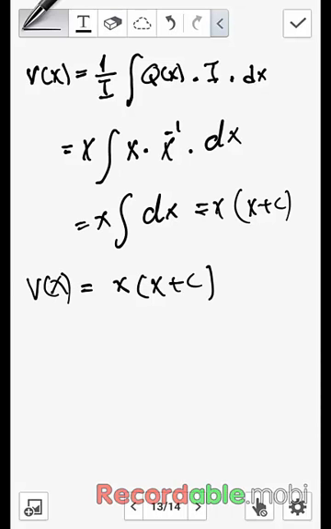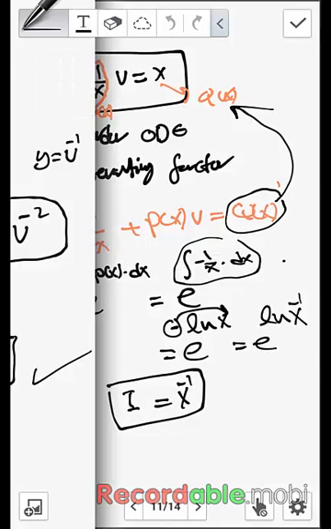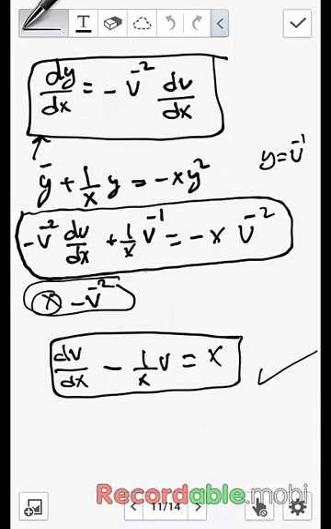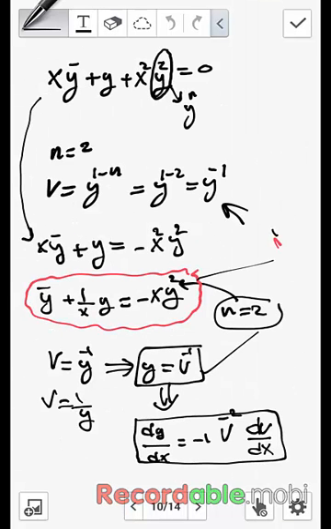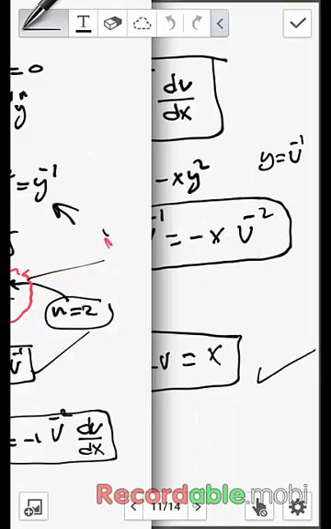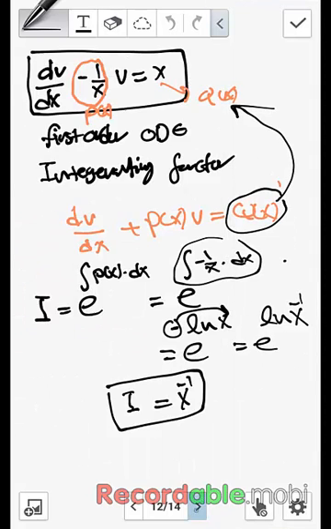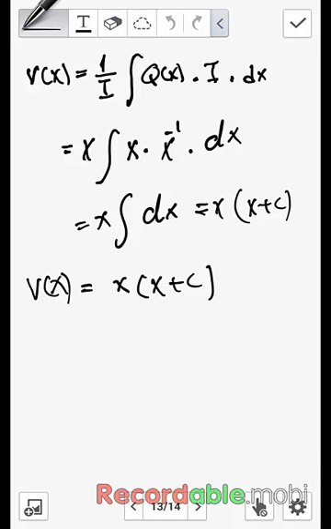Alright, now we go back. How did we define v of x? We defined v equal to 1 over y, because both v of x and y are functions of x.